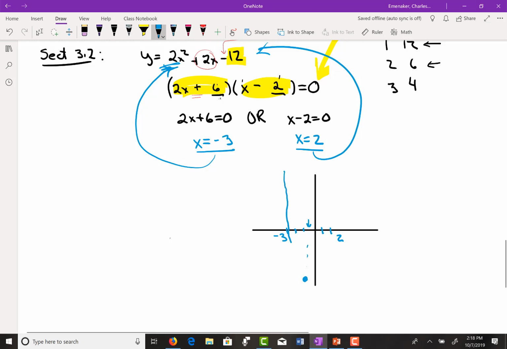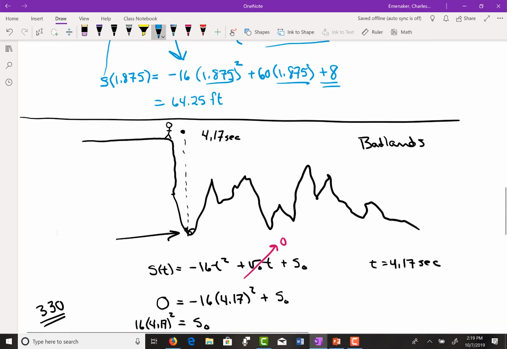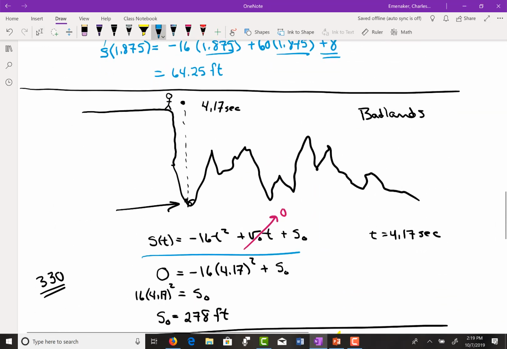The parabola is going to come through -3, go up through 2, and it's going to look something like that, okay? But it's going to look something in that range. Does that make sense? Quadratics, especially with this equation that we were just looking at, can take on all kinds of useful situations.